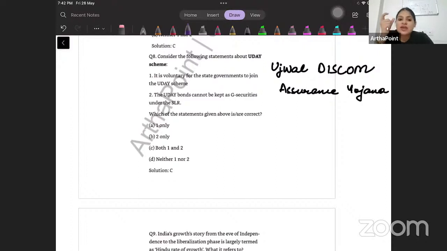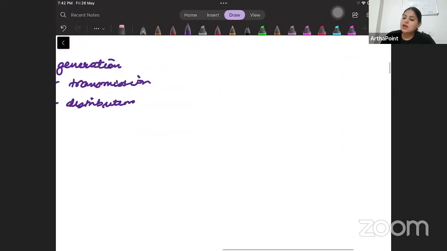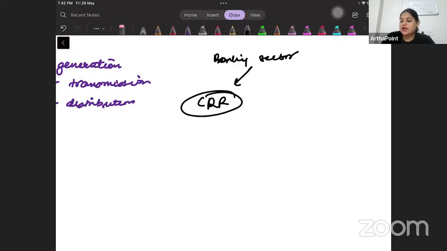Now these UDAY bonds cannot be held under government securities in SLR. So let's link this to the banking sector. In the banking sector, we have the cash reserve ratio, CRR, and the statutory liquidity ratio, SLR, right?